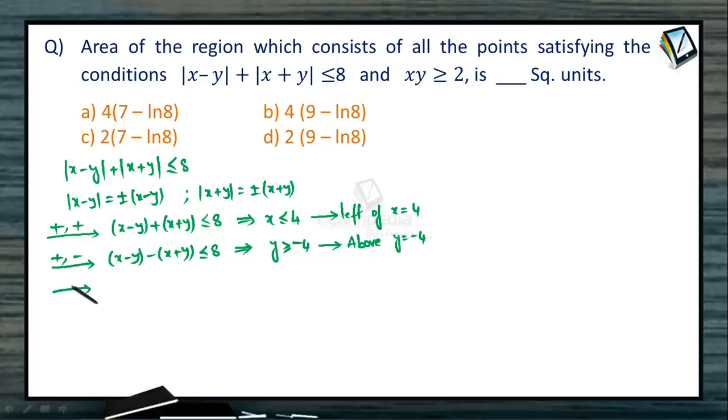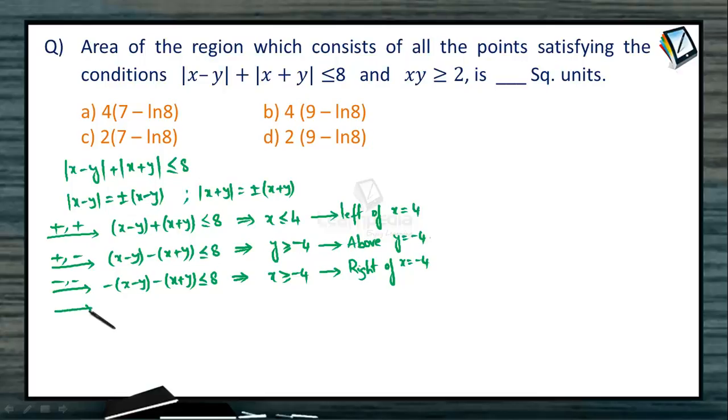In the third case, when both x − y and x + y take a negative sign, then −(x − y) − (x + y) ≤ 8, which on simplification gives x ≥ −4. As x = −4 is a line parallel to the y-axis, x ≥ −4 gives the region to the right of the line x = −4.